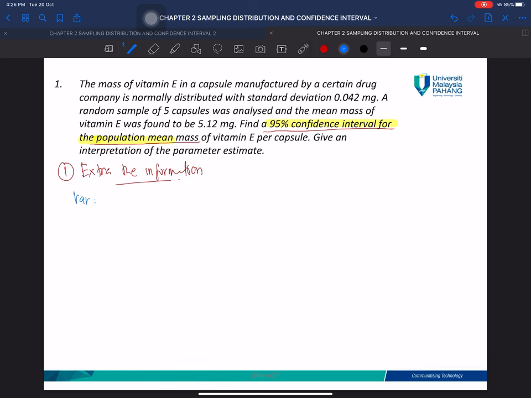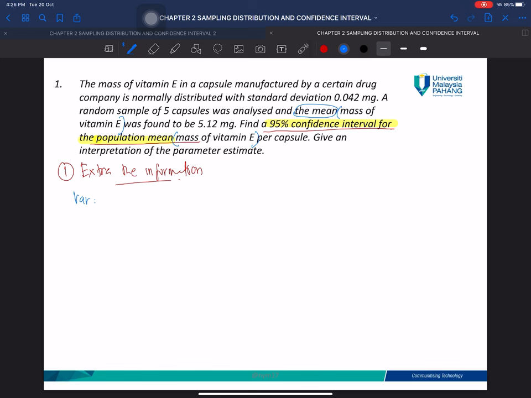Here we see the mean mass of vitamin E, so we calculate the mean from the mass of vitamin E. So the mass of vitamin E is your variable. Or you can identify it from the question: find the 95% confidence interval for the population mean mass of vitamin E.